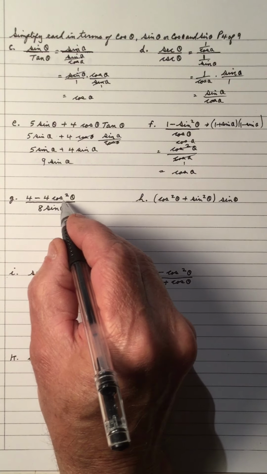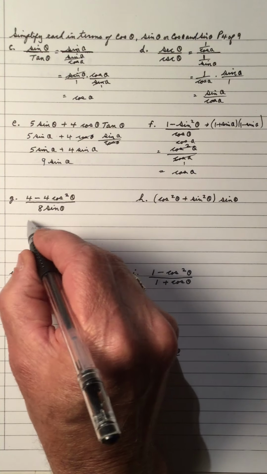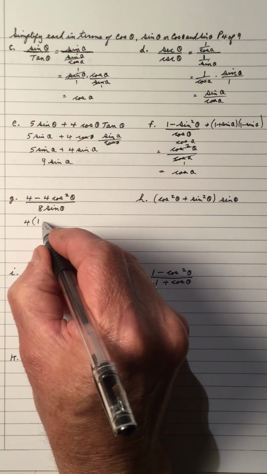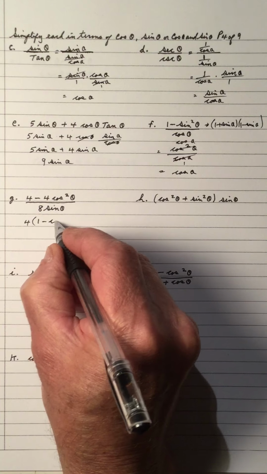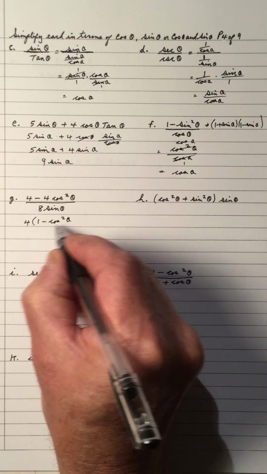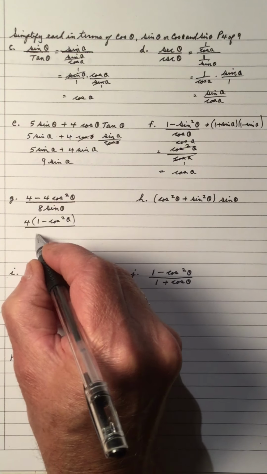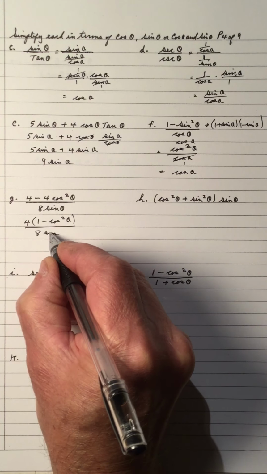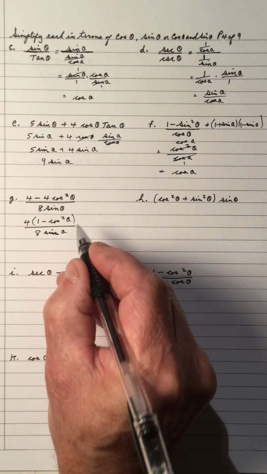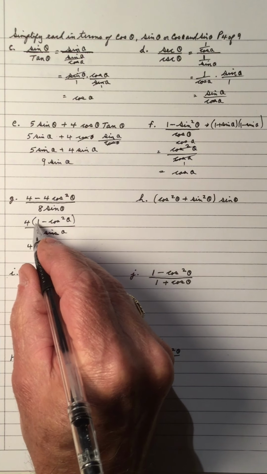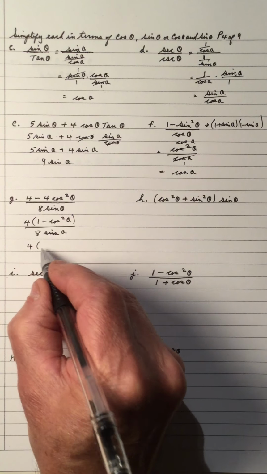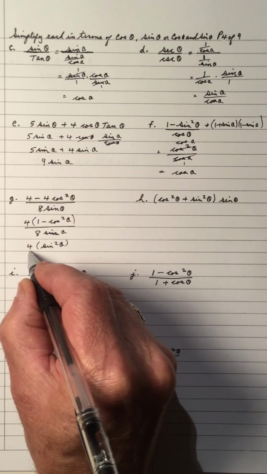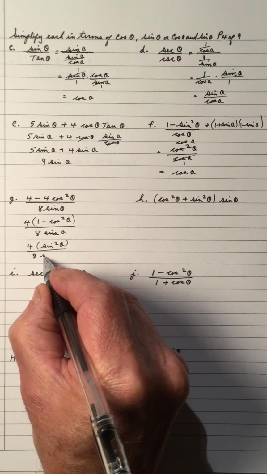G, I see 4's common, so it's a GCF of 4. 4 into 4 goes once. 4 into 4 cos squared is cos squared, all over 8 sine theta. I see 1 minus cos squared is sine squared over 8 sine.